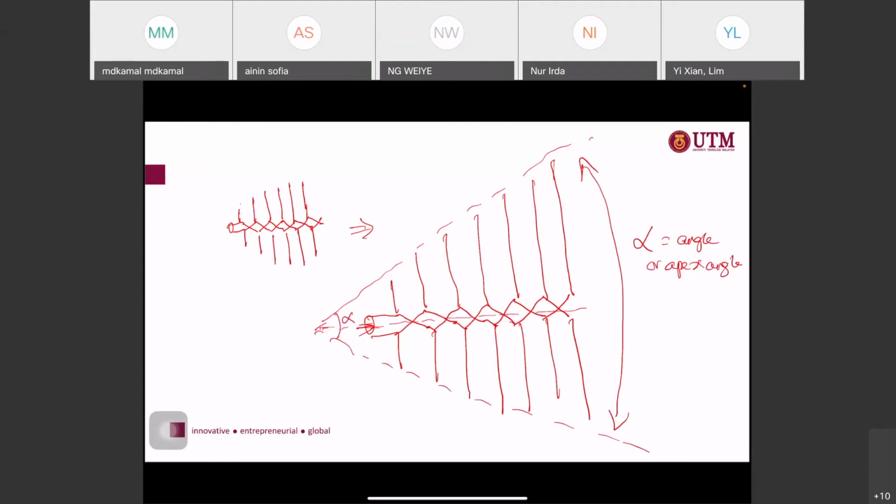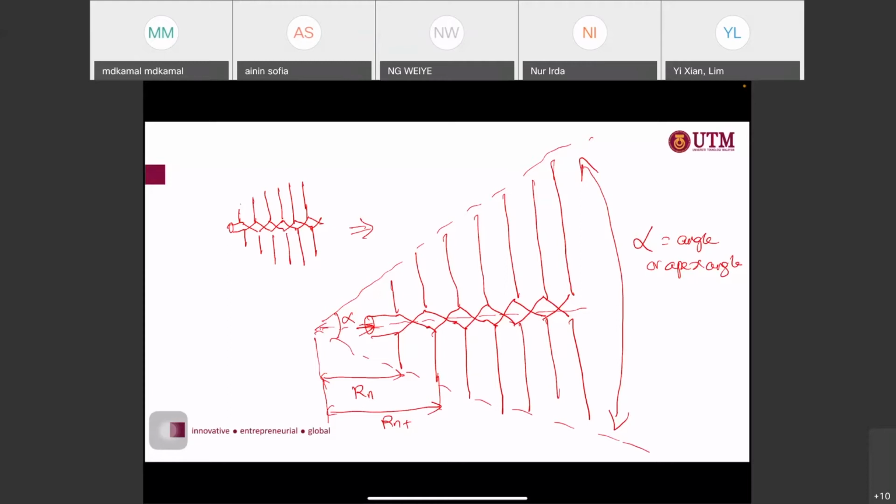This is the distance from here. We can say that this is Rn, and maybe this one is Rn plus 1. For example, R1, R2, R3, and so on.